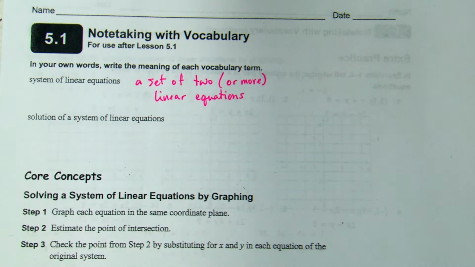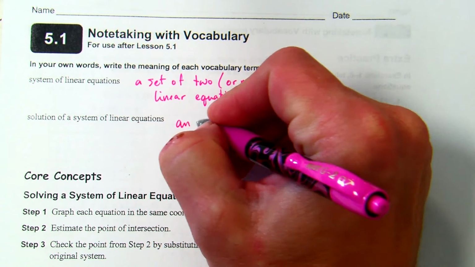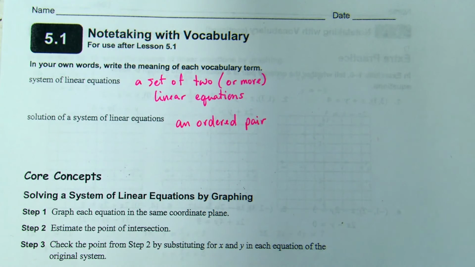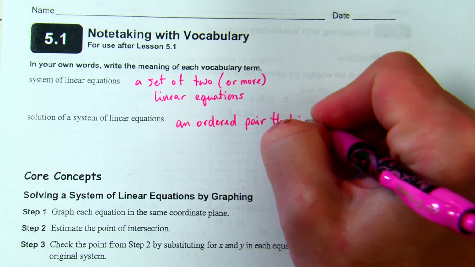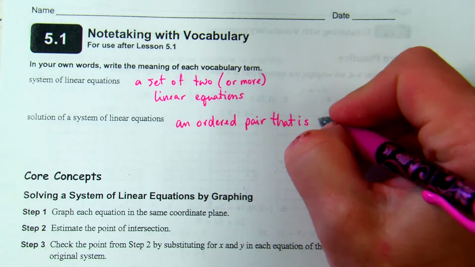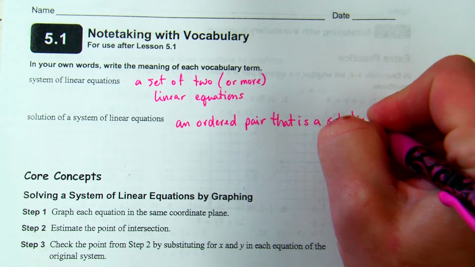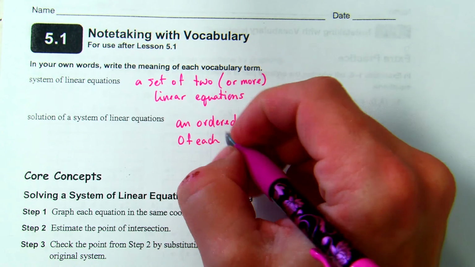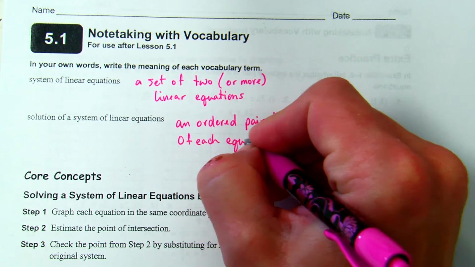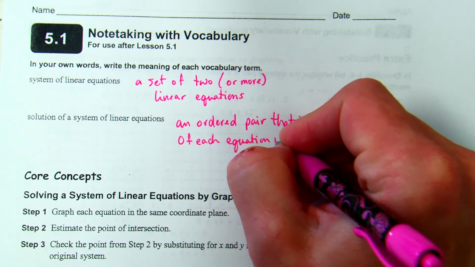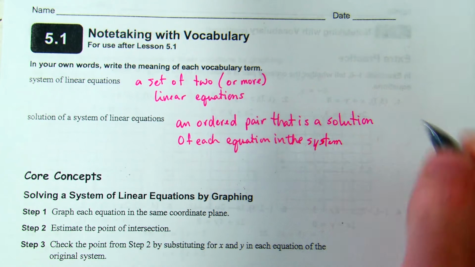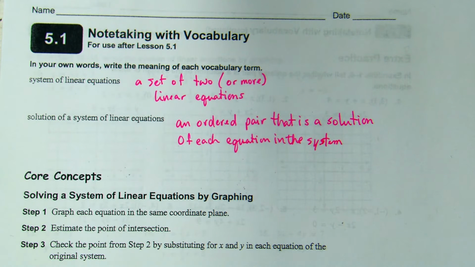All right, so the solution of a system of linear equations is an ordered pair that is a solution of each equation in the system.